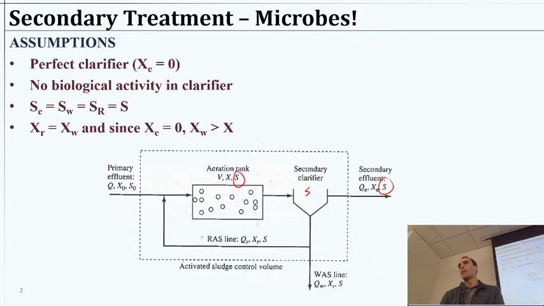This is not separating by solids. We're not getting any change. The clarifier is not changing S. So, given that, the same S is here, and is here, and is here. So the balance on the substrate is basically the same throughout. We already talked about X through that system. Just kind of summarize it there for you.